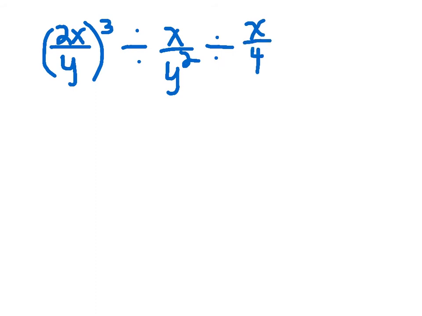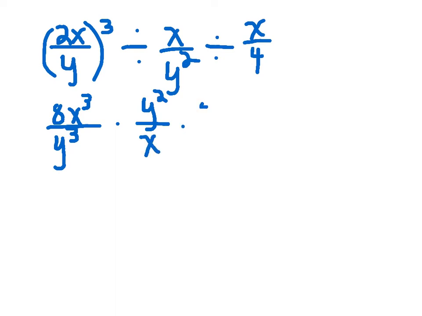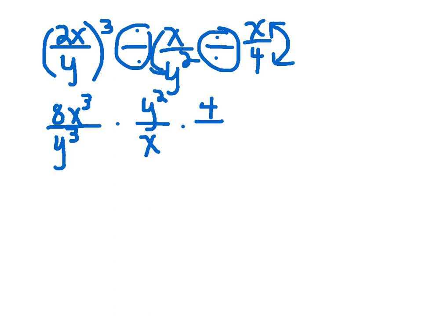Well, first I have to simplify this exponent. 2x to the third power is 8x to the third, and y to the third is y to the third. I'm going to multiply by the reciprocal, y squared over x, and yet again multiply by the reciprocal. If this is a division sign, that means you're going to flip, even if there are two different division signs in a row. This one tells us we're flipping this. So 4 over x.